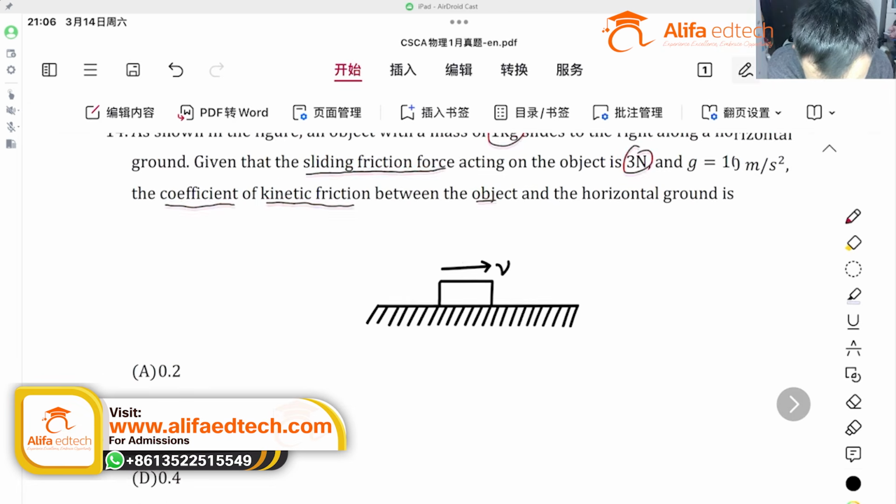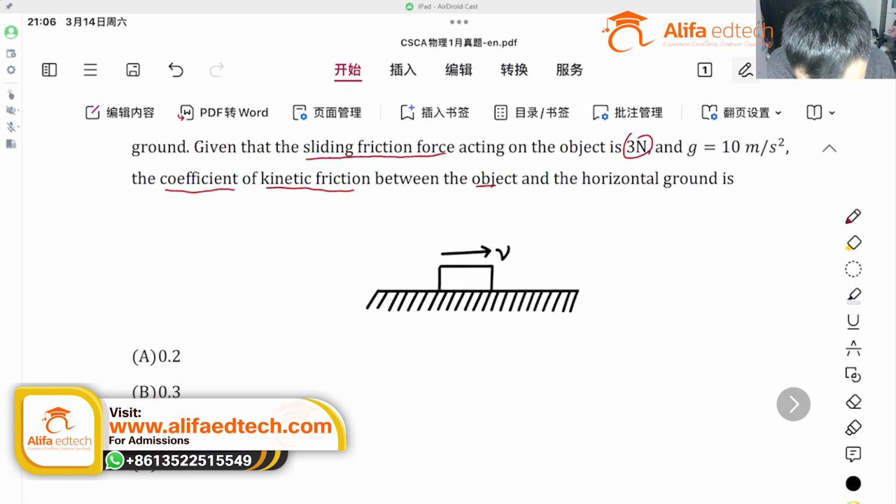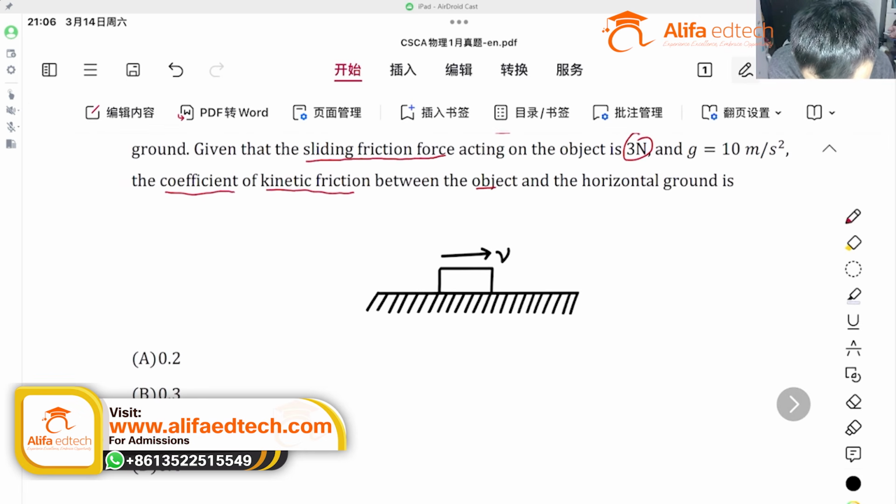Here we need to do a free body force diagram on the object. First weight, which is vertically downward, and support force, which is perpendicular to the ground, and also friction force, which is parallel to the motion.